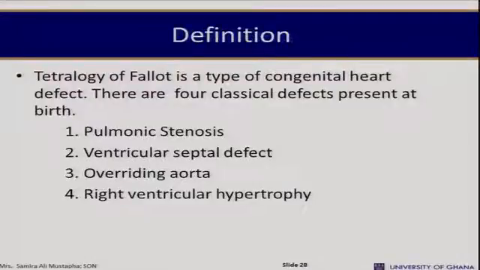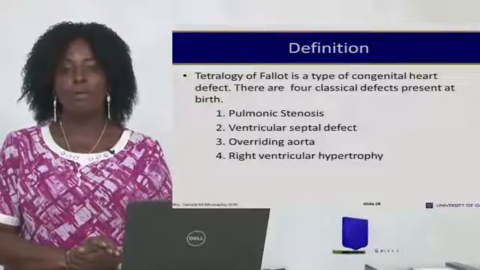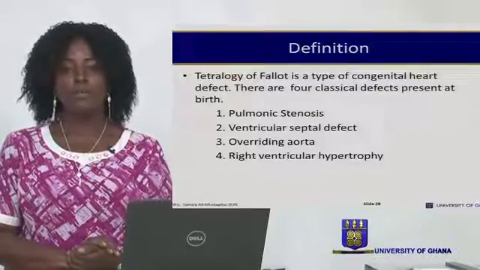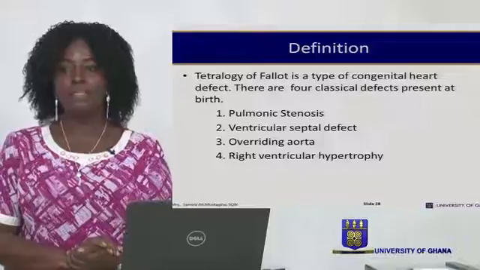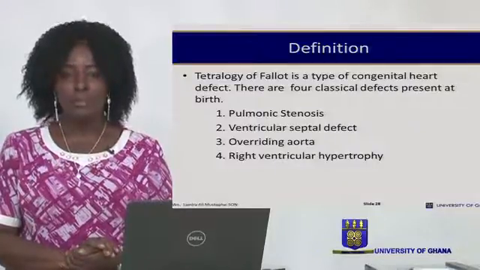By definition, we're saying that it's a type of congenital heart defect, and there are 4 classical defects present at birth. There is pulmonic or pulmonary stenosis, ventricular septal defect, overriding aorta, and right ventricular hypertrophy.